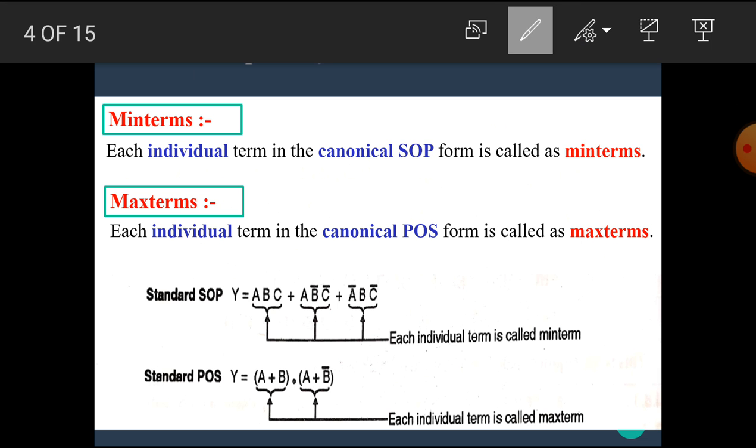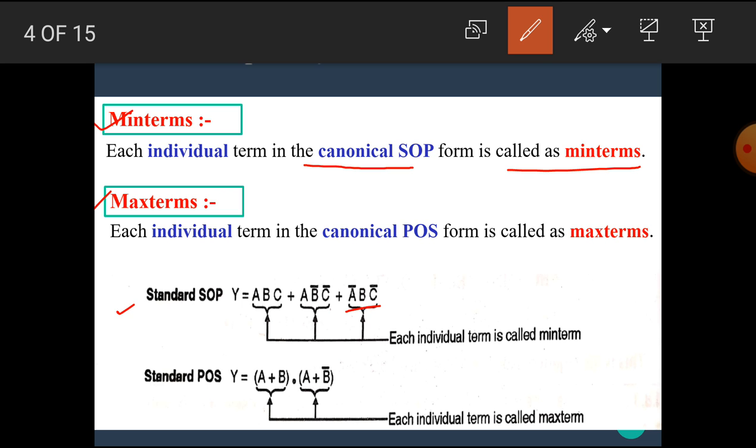Now let's start today's topic, min terms and max terms. Each individual term in canonical SOP is called a min term. This is an example of canonical SOP: y is equal to a into b into c plus a into b bar into c bar plus a bar into b into c bar.